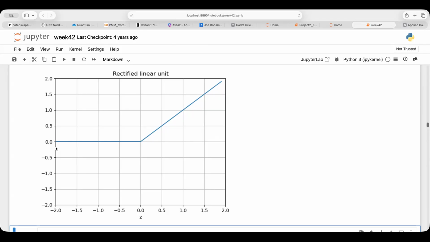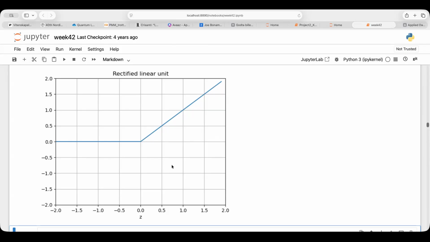ELU stands for exponential. All of these functions have parameters, and these parameters become parts of your model, because the way this function rises has a slope, and that slope is a parameter in front of the value of Z. You will see that in all these activation functions, the way they are implemented in the codes, there are different types.